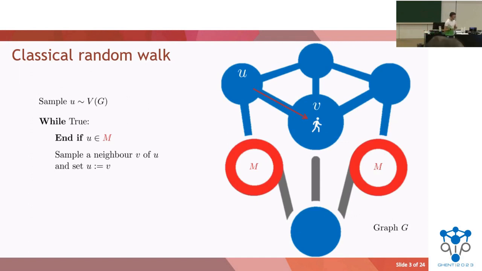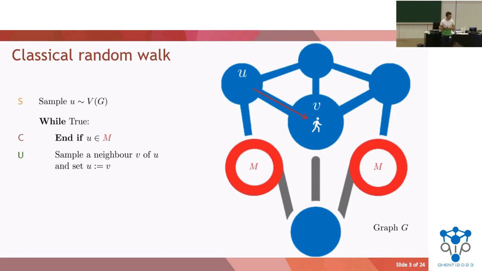So if we want to analyze the complexity of such an algorithm, we need a couple of ingredients. If we know the cost of setting up the walk, so sampling the initial vertex, if we know the cost of verifying whether we are now currently in a marked vertex, and if we know the cost of sampling a neighbor and then transitioning towards this neighbor, then we almost have all of the ingredients to analyze the complexity of this algorithm.